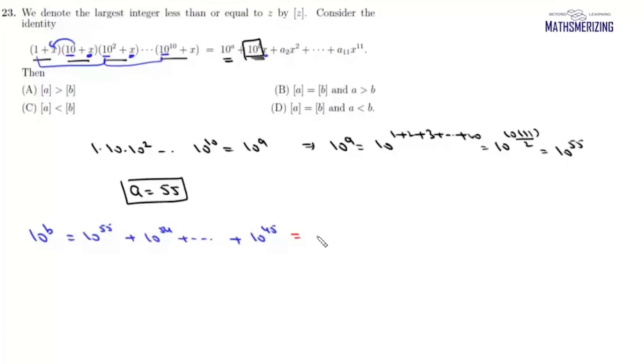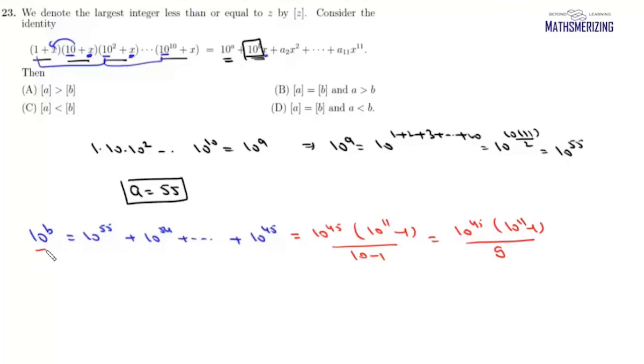Now this is 10 to the power 45 into 10 to the power. Now number of terms in this series, it is 11 minus 1 upon 10 minus 1, which is 10 to the power 45 into 10 to the power 11 minus 1 upon 9.